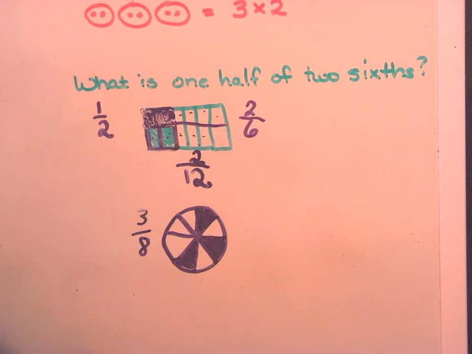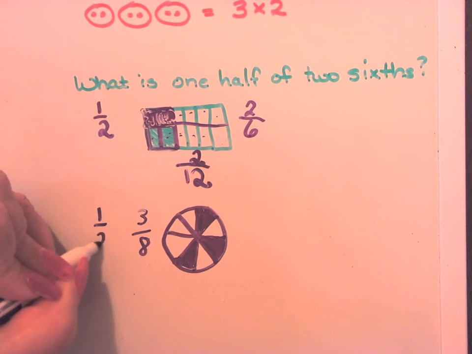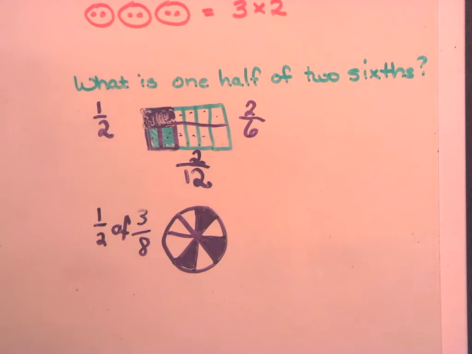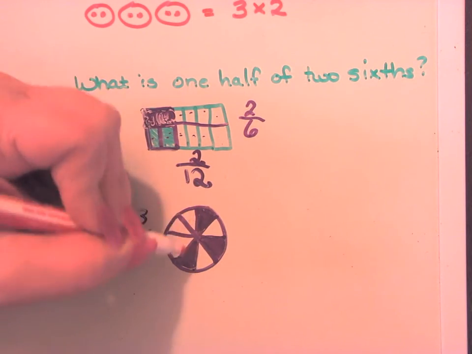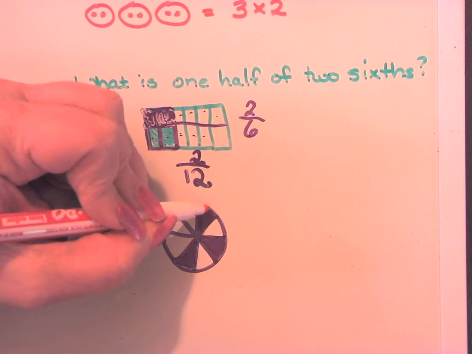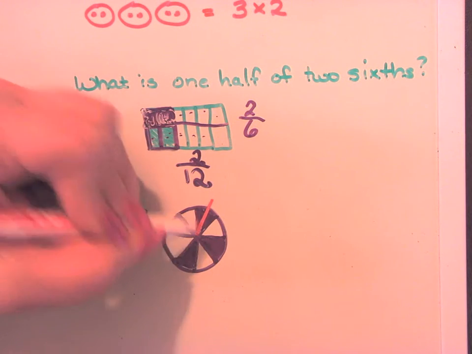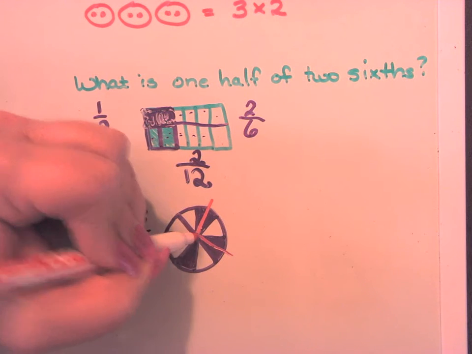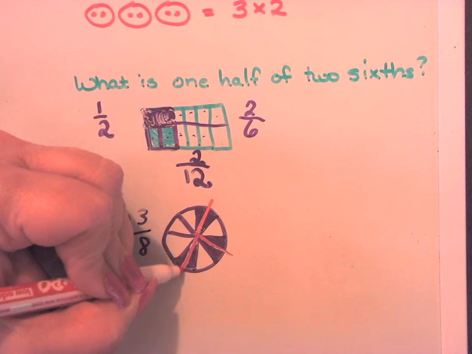Well, what if I wanted 1/2 of the 3/8? 1/2 of 3/8. What we need to do is take 1/2 of each of those 3/8. So I take 1/2 of this one, 1/2 of this one, 1/2 of this one.